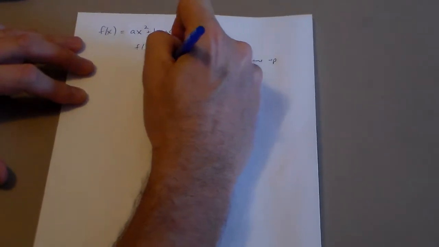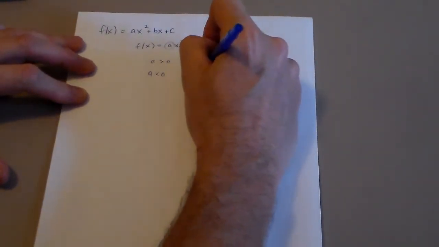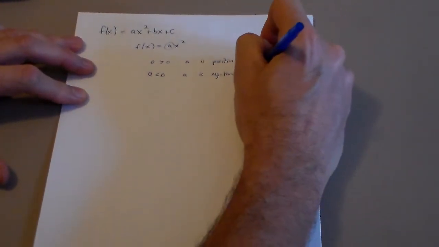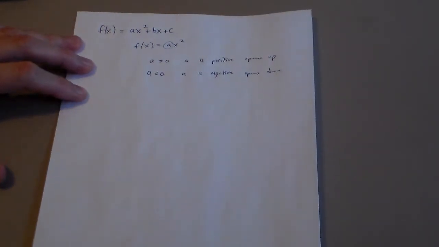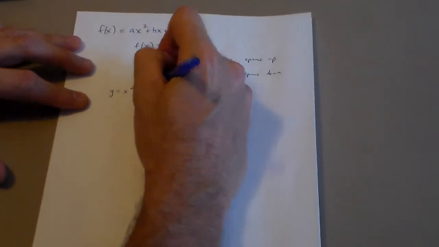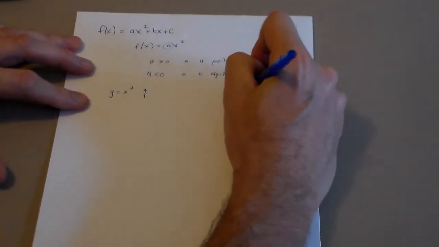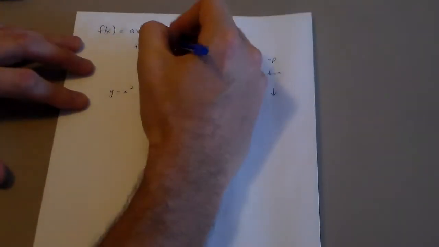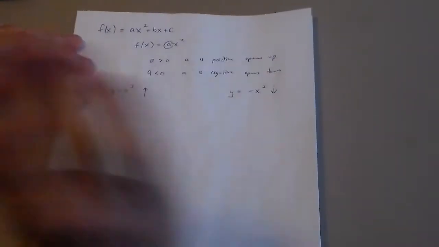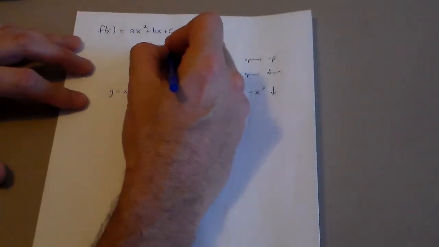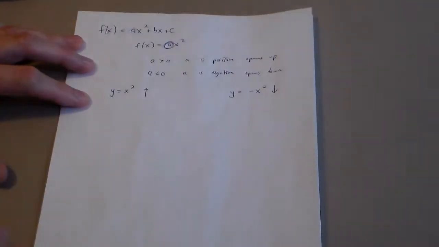If A is less than 0, A is negative, it opens down. So for the graph y equals x squared, that's going to open up. For the graph y equals negative x squared, that's going to open down. And it's always determined on that, no matter what, in this section, whether we get really advanced with it or not.